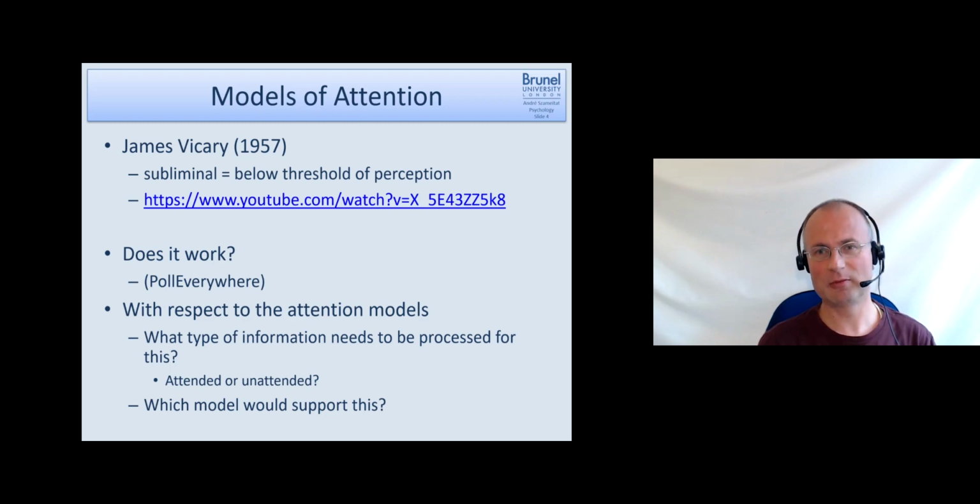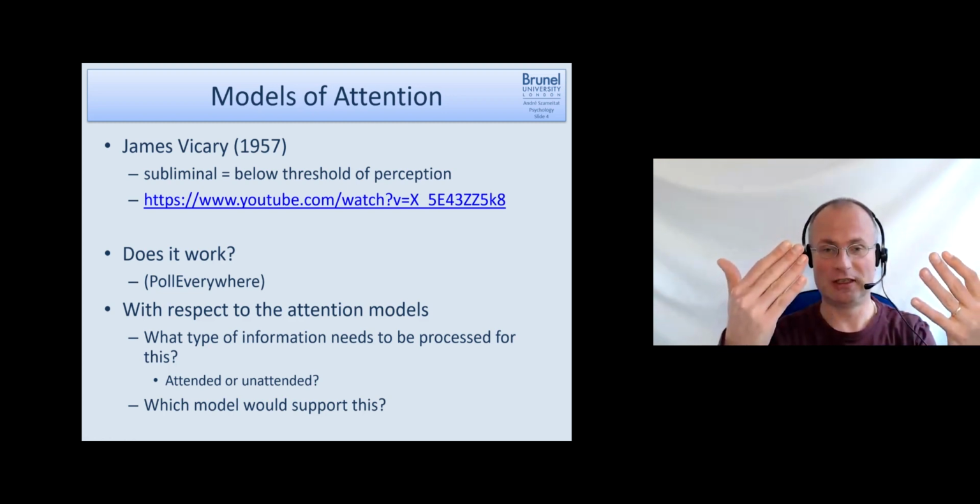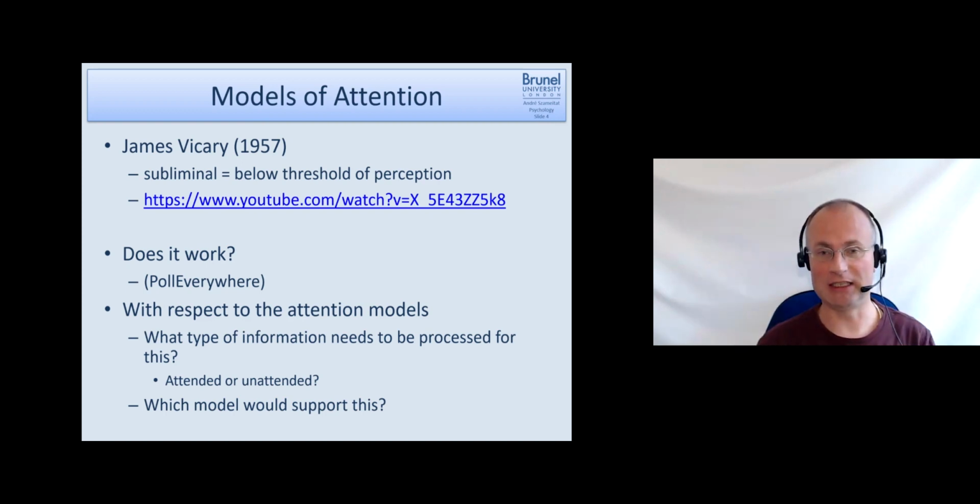That would probably be the late selection models, because the early selection models would propose it's unattended, it's not aware, it can't influence behavior because it's filtered out before we have processed it for meaning. So even if people would see "eat popcorn" on their retina, it wouldn't be processed to a semantic meaning which could have any influence. Only the late selection model would predict that.